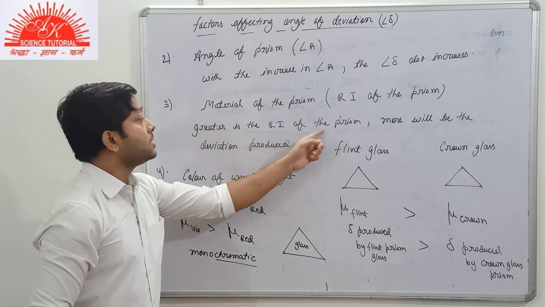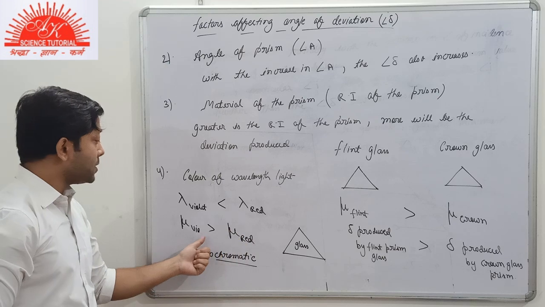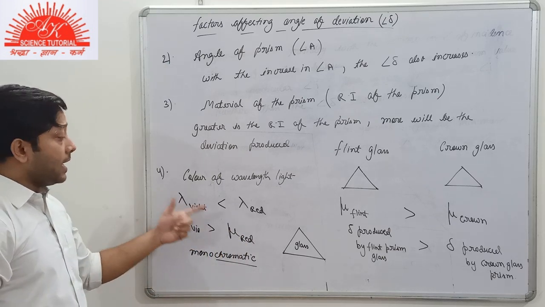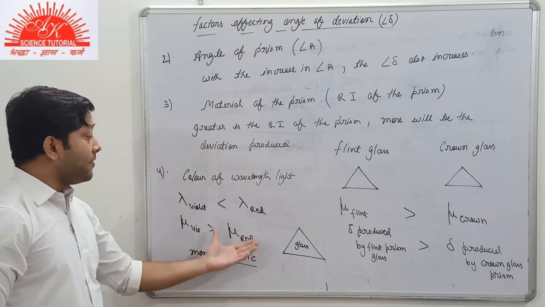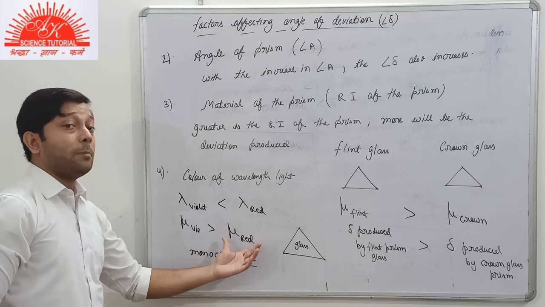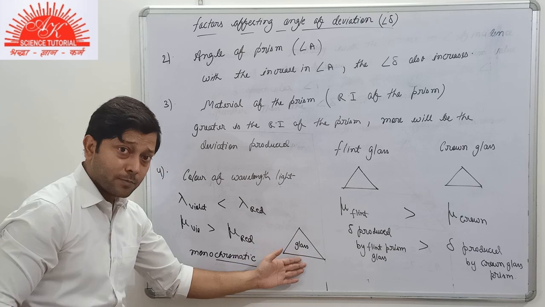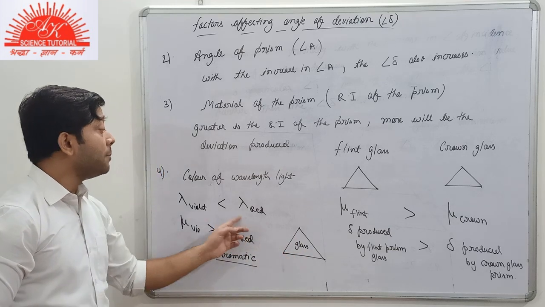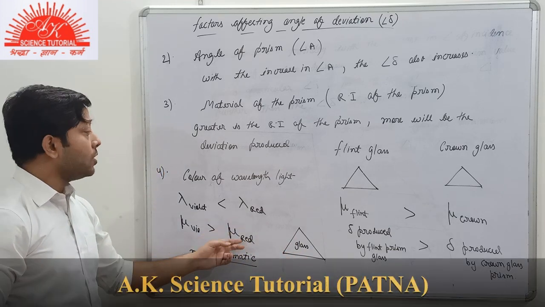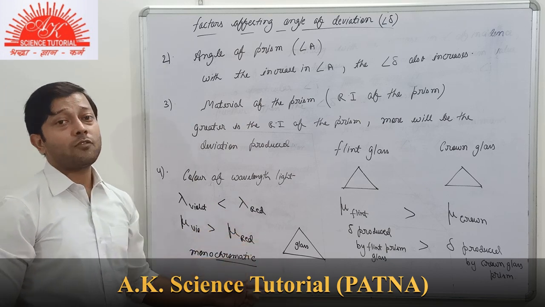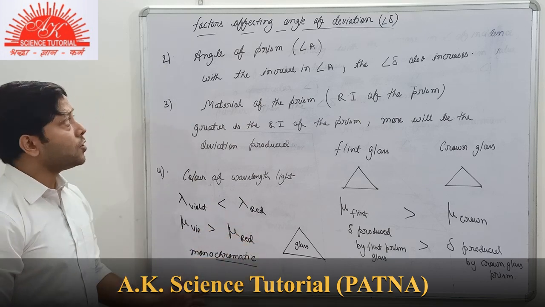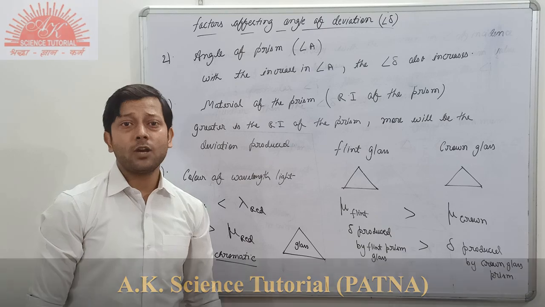Why? Because the refractive index of this prism is maximum for violet color of light. And the deviation produced in the red light will be minimum. Why so? Because the refractive index of the same prism is minimum for red color of light. So the deviation produced in the red color of light will be minimum. So this was all about the factors affecting the angle of deviation.